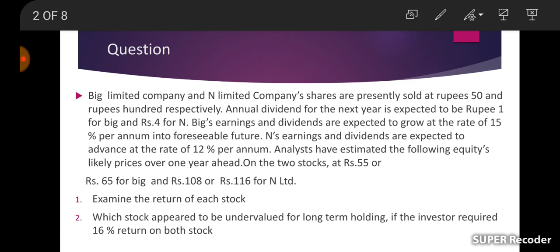Then the second part of the question is which stock appears to be undervalued for long-term holding if the investor requires 16% return on both stocks. That is, if K is equal to 16%, what will be the intrinsic value?